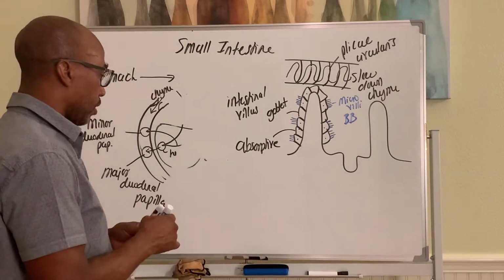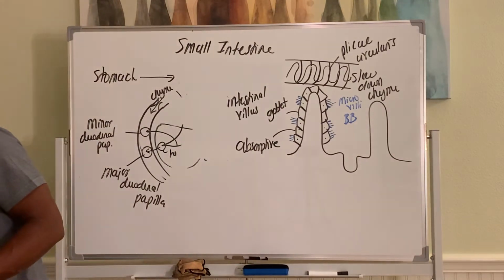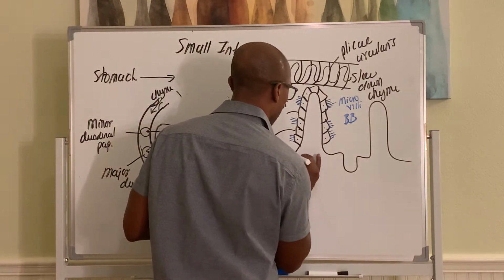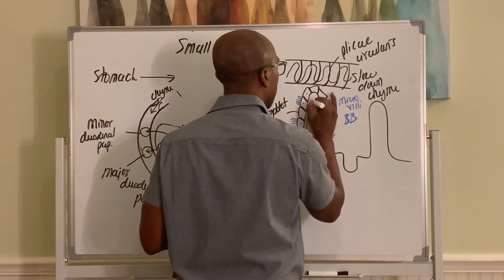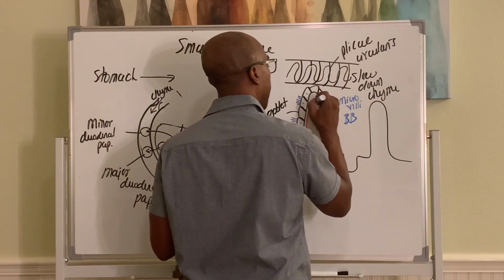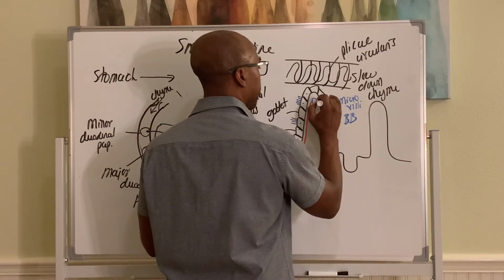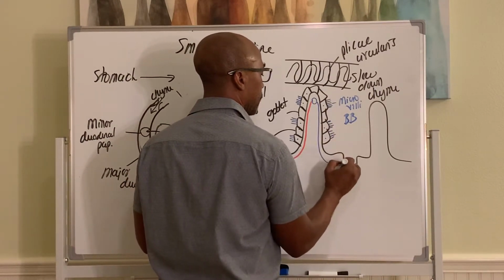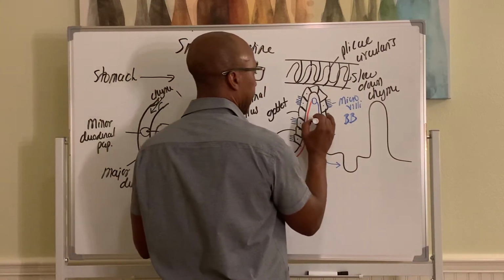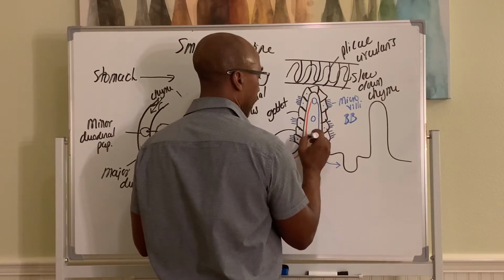And in the center of each villus, you have a system of blood vessels and capillaries. So here an arteriole will enter it, and it will go through a capillary bed, a fenestrated capillary bed that's leaky, and then it's drained by a venule, like so. Drained into your hepatic portal system, and so you will have many capillaries inside the core.